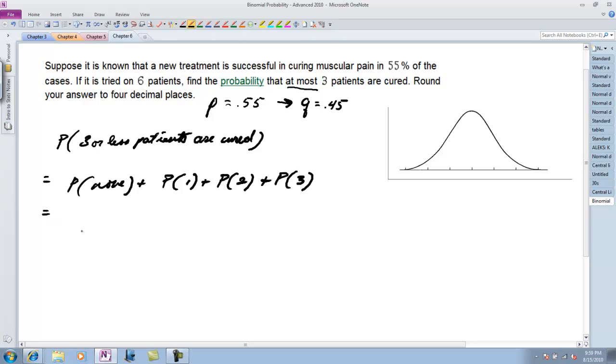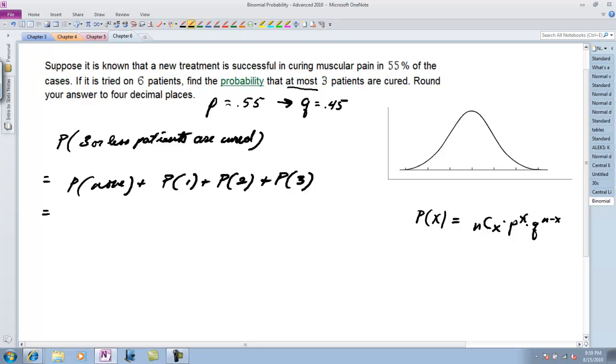And so you would have to do the binomial probability formula, which says that P of x is equal to n choose x times P to the x times Q to the n minus x.